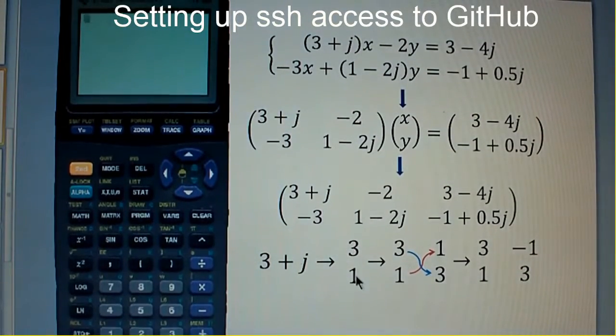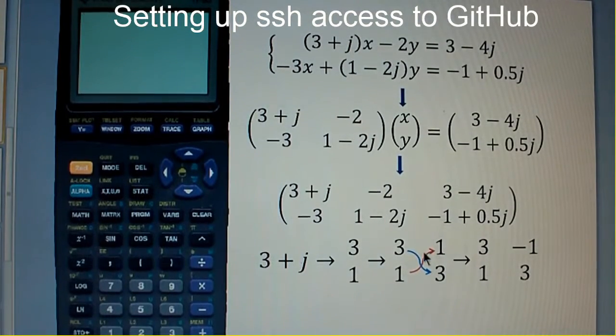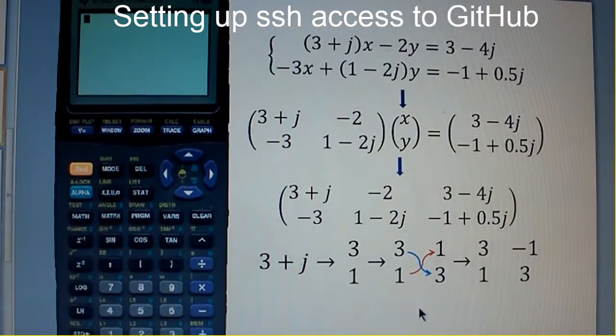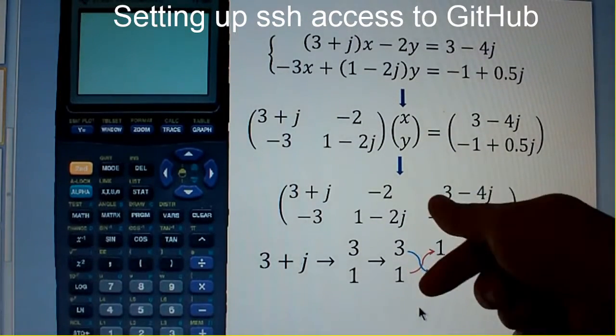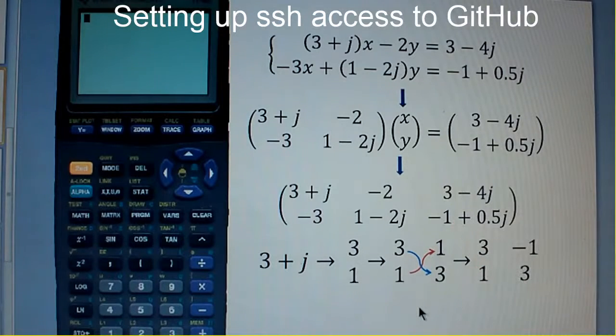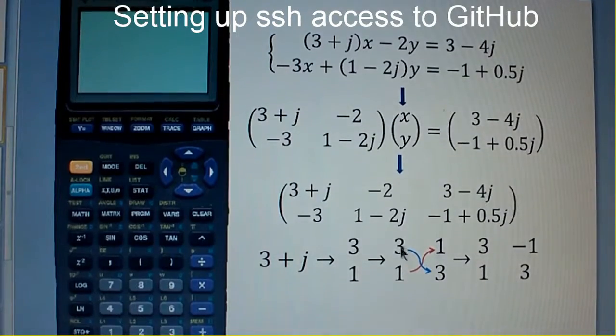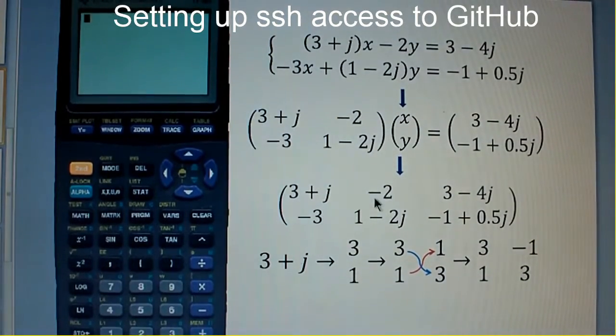So you have 3 and 1 up and down. And then you have to put another column right next to it, and the way you do it is you flip these two numbers. 3 and 1 gets flipped into 1, 3, and then you have to negate the top one. And you have to do this for every one of these elements, even if the number is real.